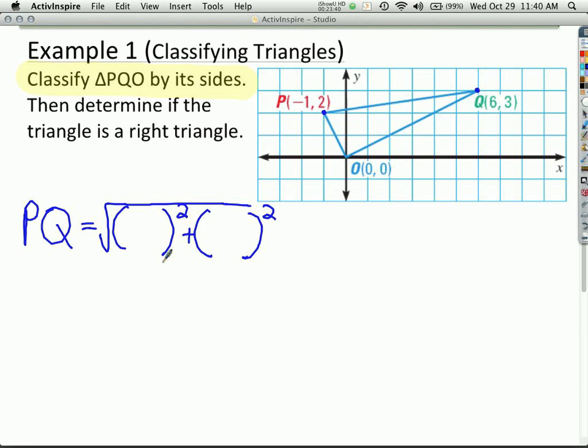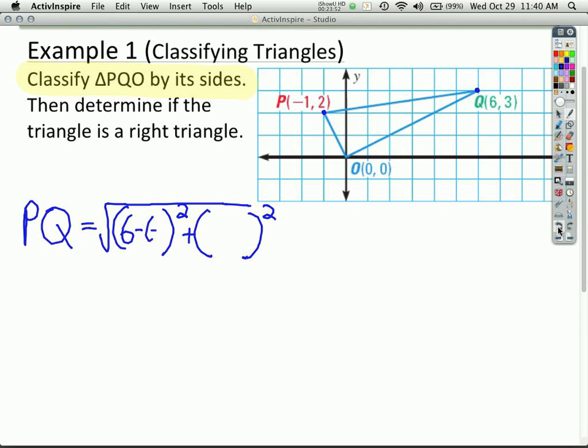So take the x's. 6 minus -1. You guys are my super high level students. We could do that mentally. What's 6 minus -1? What does that come out to? 7. So we could just write a 7, use our mental math abilities.